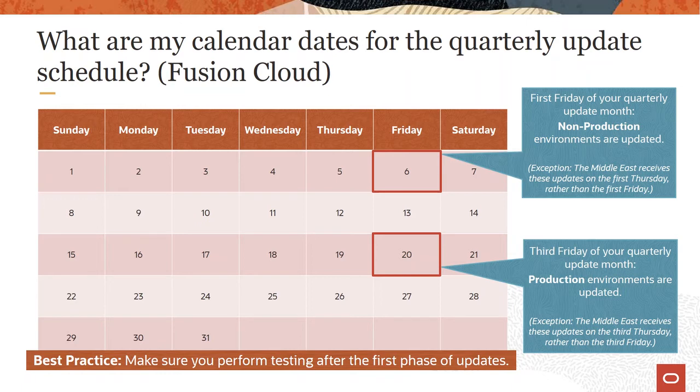For most customers, their updates to the non-production environment will occur on Friday during the first week of the update month. You want to make sure that between the first Friday and the third Friday of the month you perform some basic testing and get acquainted with the various new features, so that any business critical processes that might be impacted will still be working properly as you have a chance to test them in the non-production instance.